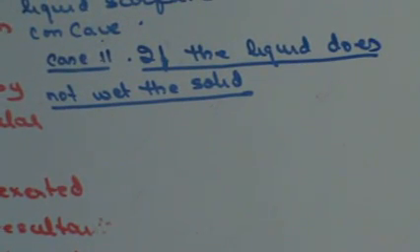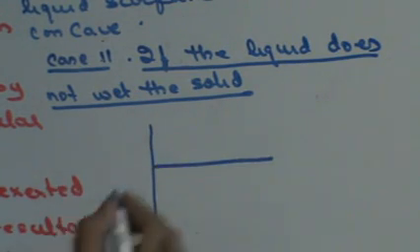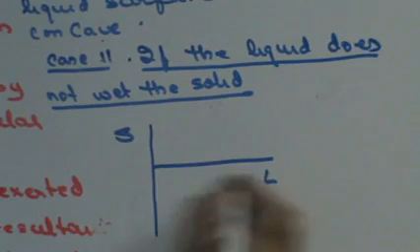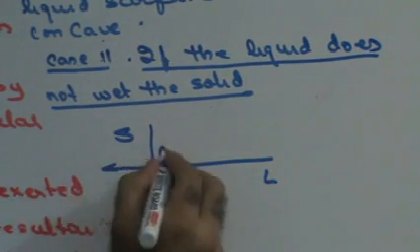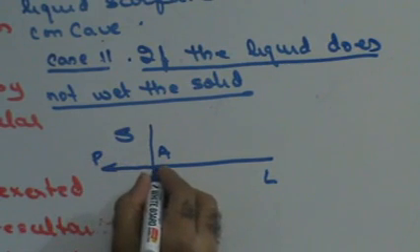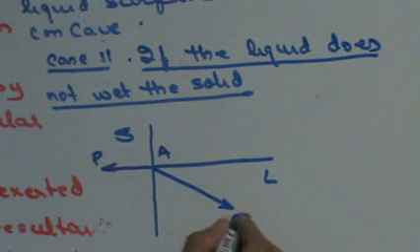This is your solid, this is liquid here, two forces, this is going to be my AP vector, this is going to be AQ vector, right? Now if the liquid does not wet the solid, you will have AQ vector greater than AP vector, fine.